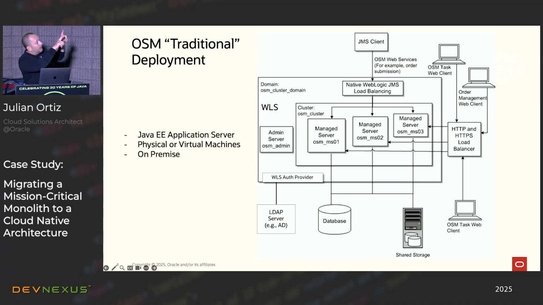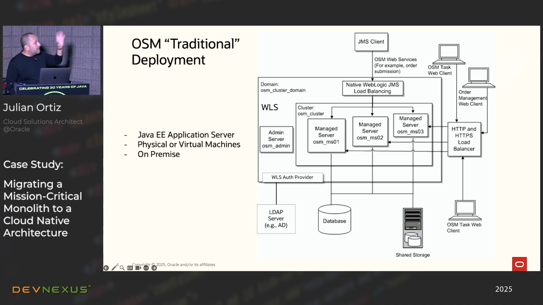The big rectangle area, the domain, is nothing more than a logical grouping of JVMs, Java virtual machines, that are the ones that eventually run your application. This could be distributed into physical or virtual machines, and those get deployed on premise.